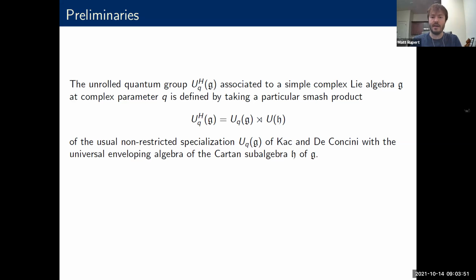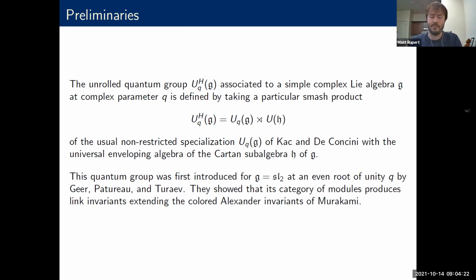The unrolled quantum group associated to some simple complex Lie algebra at some complex parameter Q, which for us will always be a root of unity, you can define as the smash product of the usual non-restricted specialization with the universal enveloping algebra of the Cartan subalgebra of G. I'll make this more precise soon.